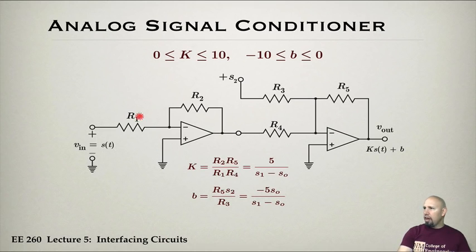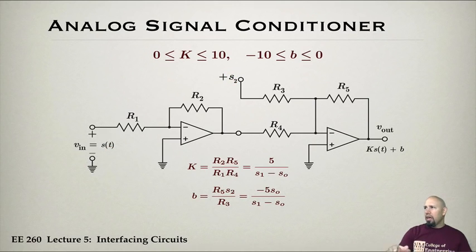So here is an example circuit that would work for us. This first op-amp does the scaling, and notice it scales and inverts. This one sums and inverts. Notice over here I have an S2, which is not S1 or S0. Here the voltage in is S, whatever S is, and S2 is some other voltage.